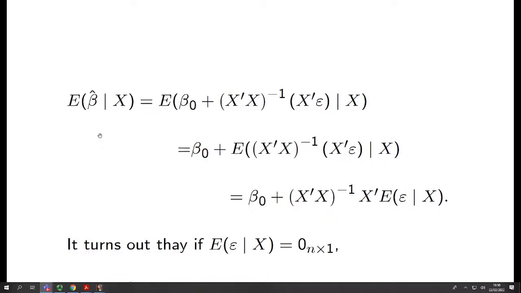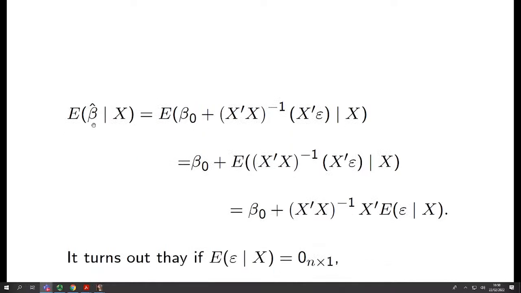Now, okay, I want to compute the expected value of my estimator conditioning on X. Now I know the meaning.